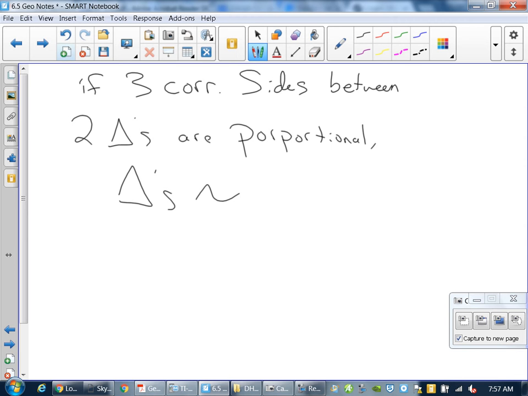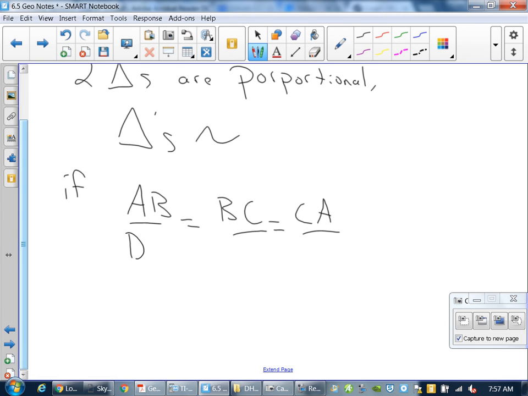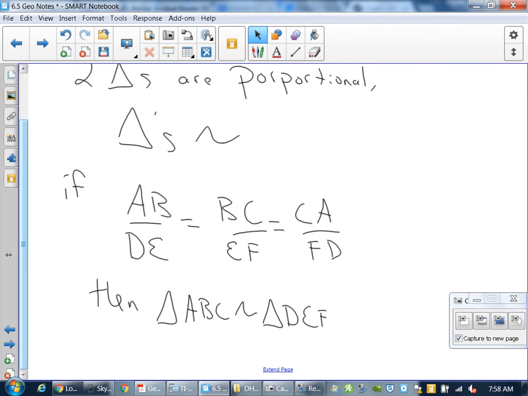So basically, what you're going to check is if the sides are proportional, and this is exactly the same thing that we did here by showing that two polygons were the same.